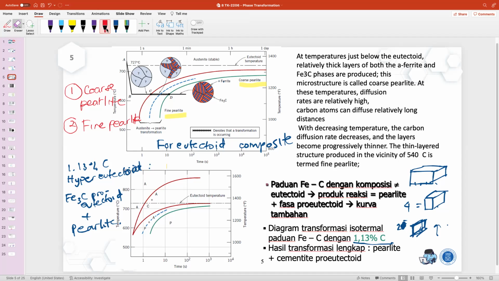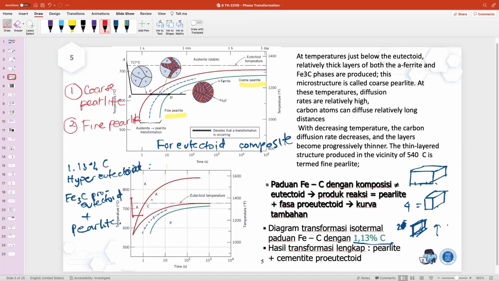If I can draw, let's say I start at this temperature of 750 and quench to 650 degrees Celsius. When we hold it, after 1 second the transformation begins and the cementite will form, because it's oversaturated.